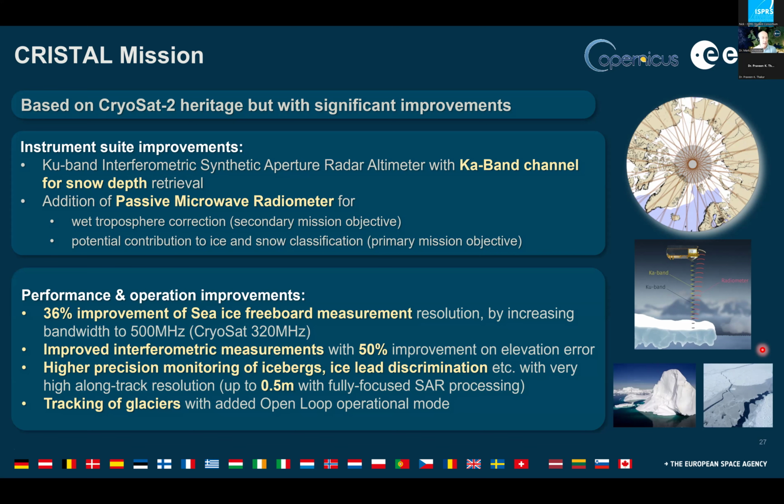And so in terms of performance improvement, we expect to improve the sea ice freeboard measurement by 36%, by increasing the bandwidth of the SAR altimeter instrument and coupling it with the second frequency and the passive microwave. And so we're looking forward to the CRISTAL mission to enhance and improve the capability within Copernicus for sea ice thickness and ice sheet mapping in future.